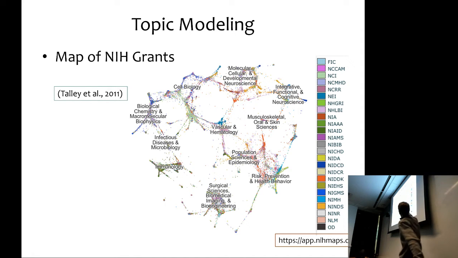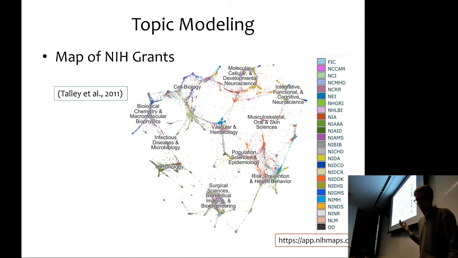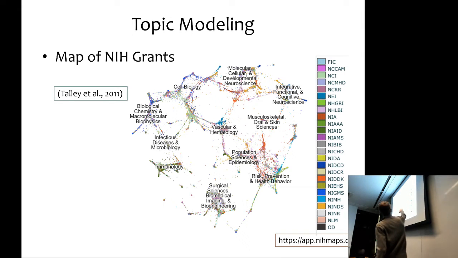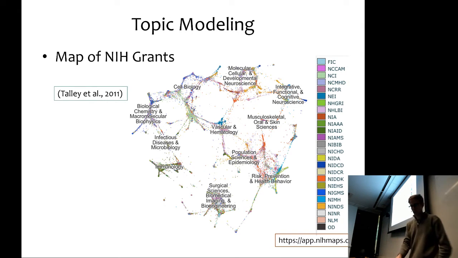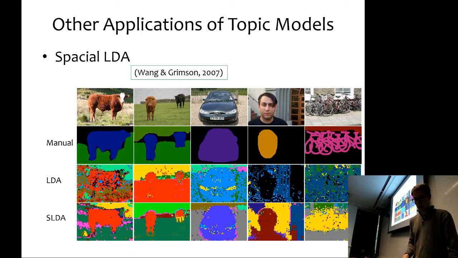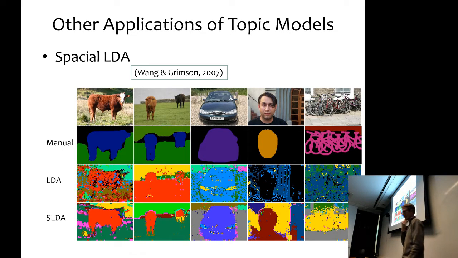So these labels were actually applied retroactively. And you can then see how you get these clusters. You could also apply this to image data and actually learn to spatially segment the data that way.